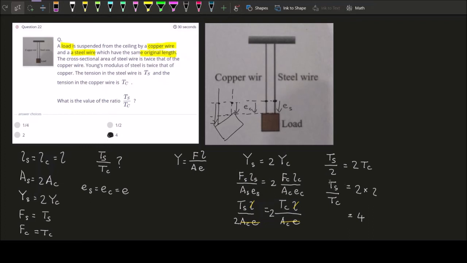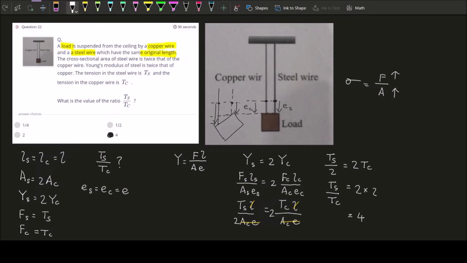The steel has more tension because it has a greater cross-sectional area. You need greater tension to match up with greater cross-sectional area for equal stress. Stress equals F divided by A. Because you have a larger A for steel, you need a larger F. That's what I'm trying to say.